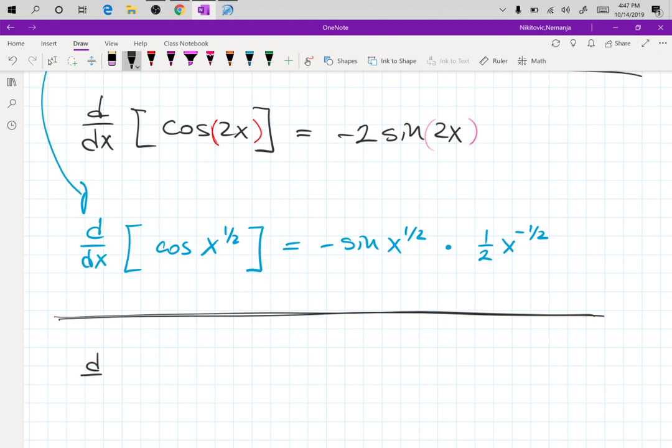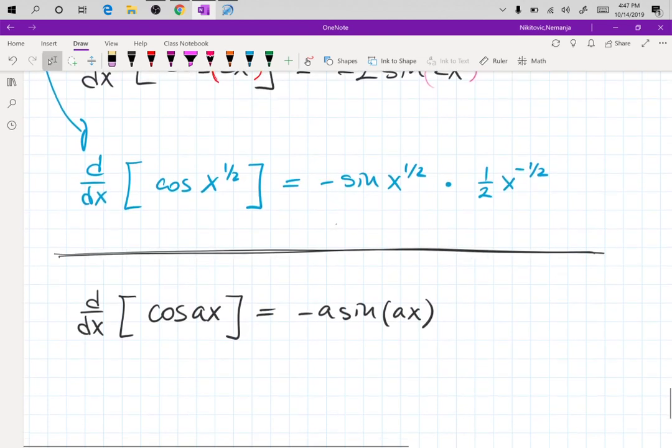So if you memorized that the derivative of cosine ax is negative a sine ax, it is because of the chain rule. But the reason for it is that a multiplies x, and then the derivative of ax is just a, because the derivative of x is 1, right? Okay, cool.